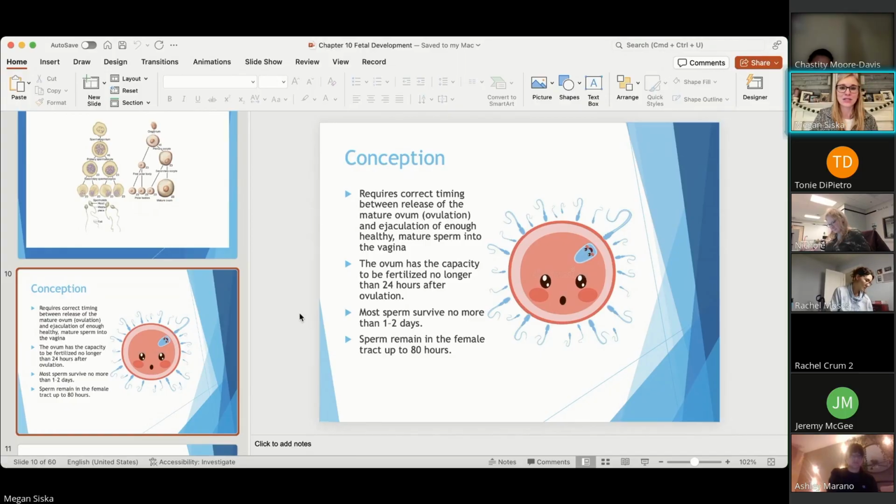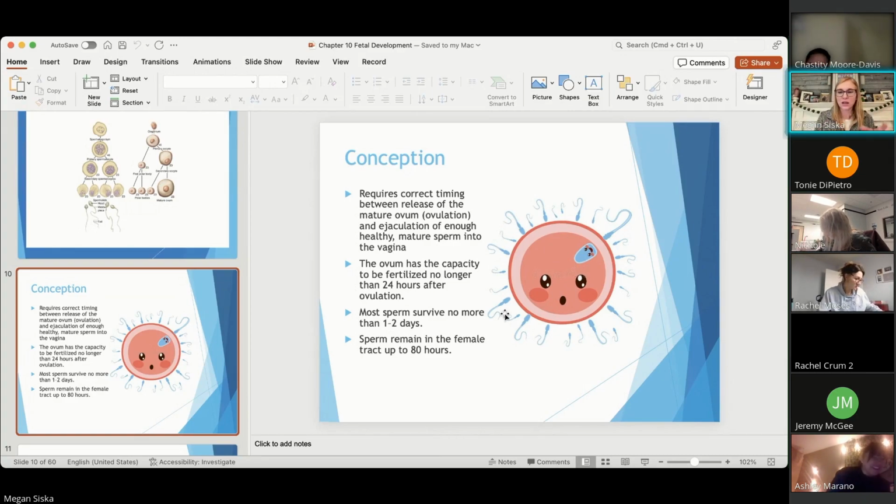Let's talk about conception. Conception is when the sperm and the egg meet. I have a cute little visual here of our little egg, all these little sperm around it, and then one little sperm that was our winner that made it through into that egg.